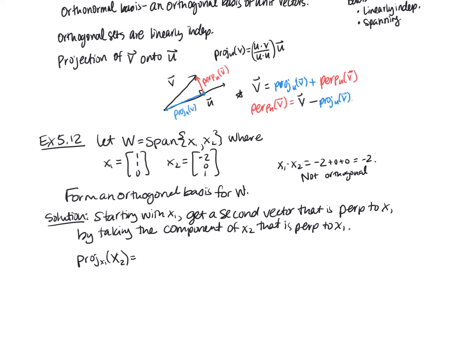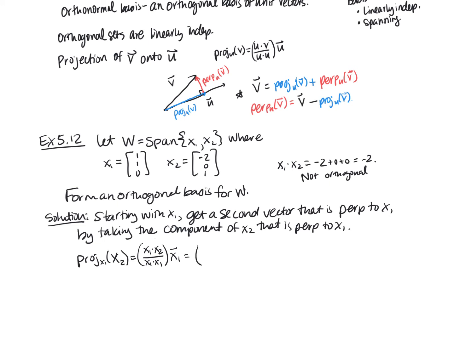And that's the constant that I multiply u by to get that scaled down bit, or maybe it's scaled up, depending on the size of the vectors. Okay, so the projection onto x1 of the vector x2 is going to be x1 dot x2 over x1 dot x1 times x1.